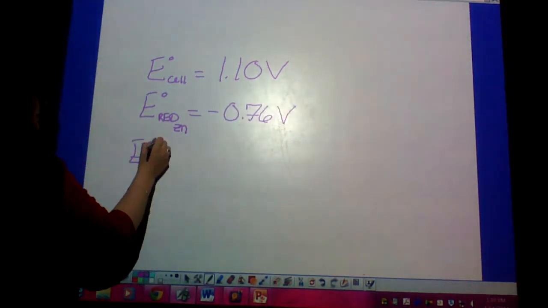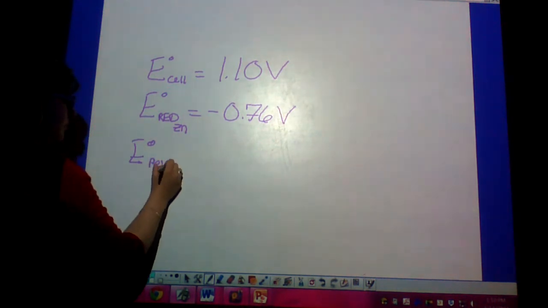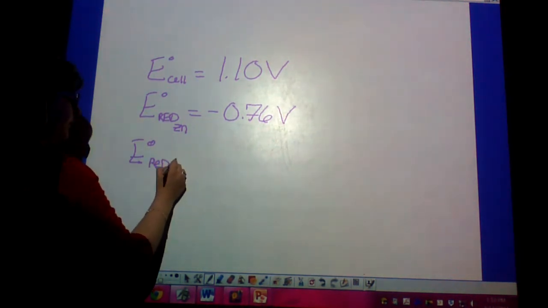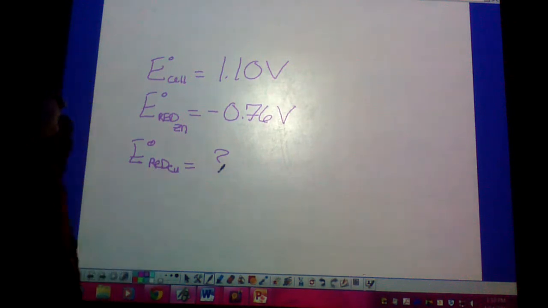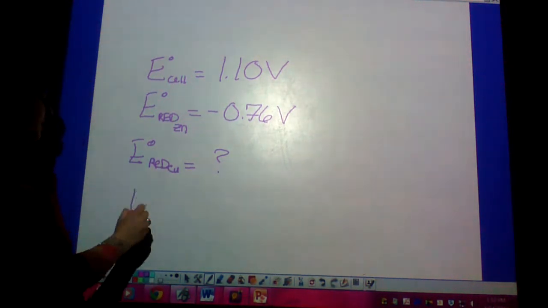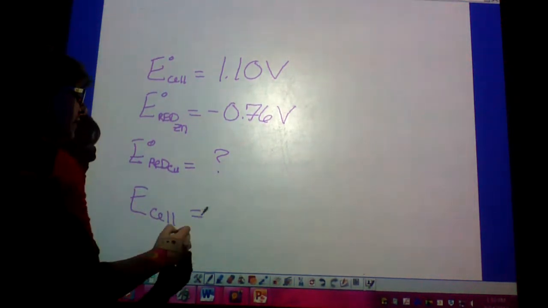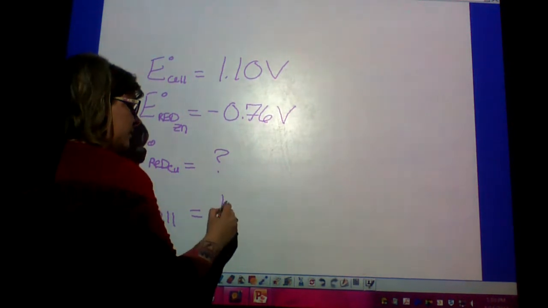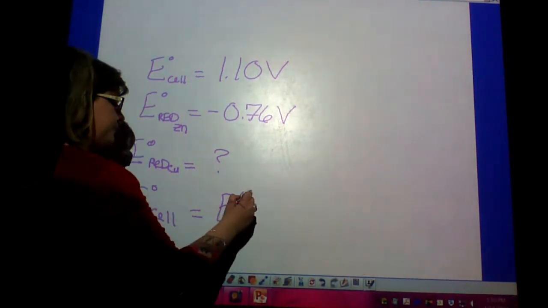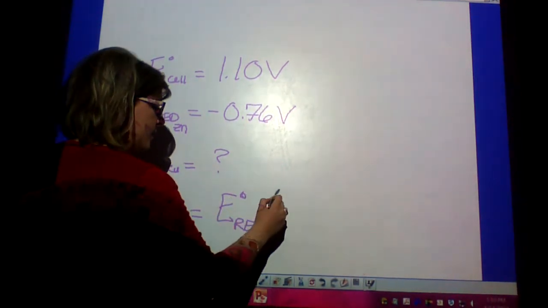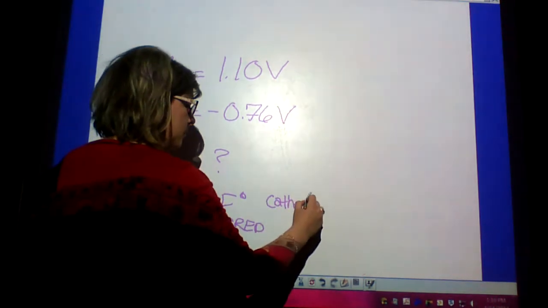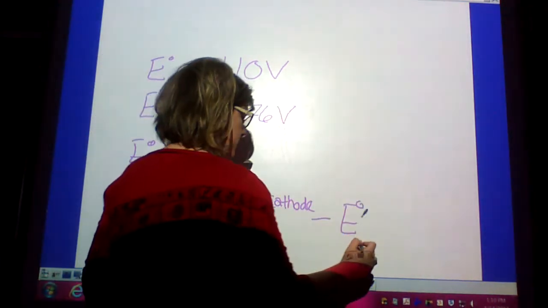I want to find what's going on here for copper. Well, we know that the cell potential is just equal to what's happening at the cathode minus what's happening at the anode.